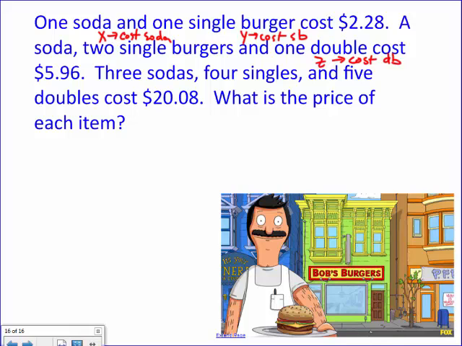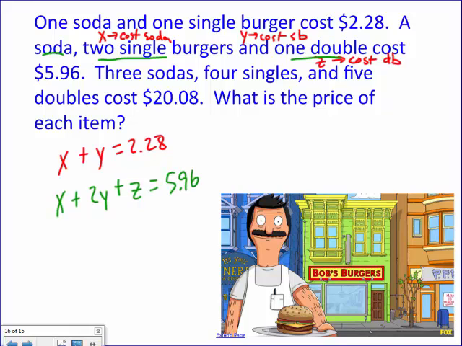So right away I got 1 soda and 1 single equals $2.28. And then I got 2 single burgers, a soda, and 1 double. So soda, 2 singles, 1 double, and that equals $5.96.